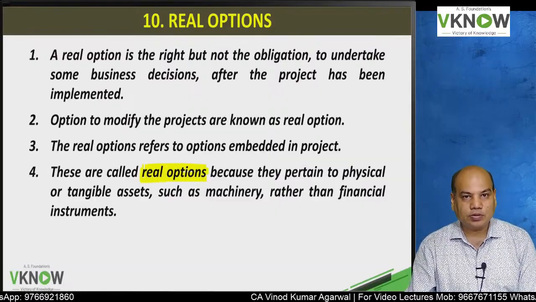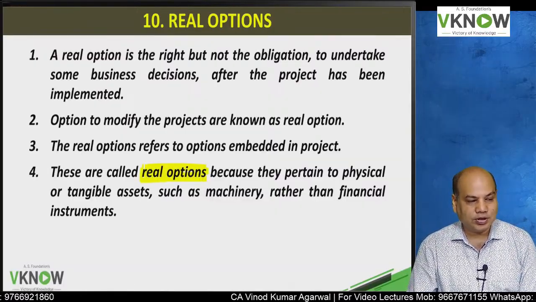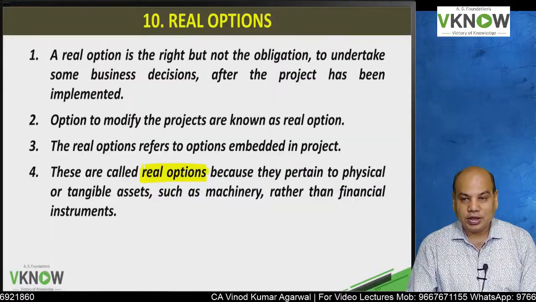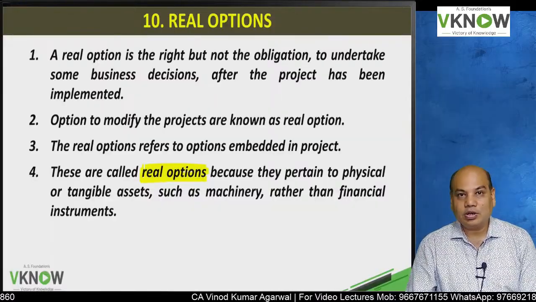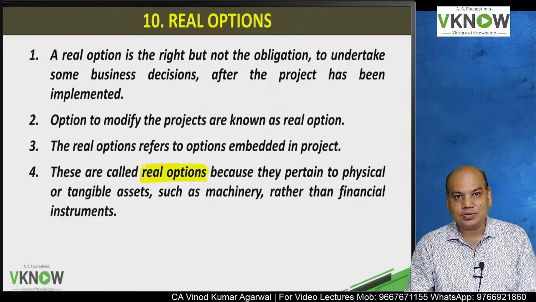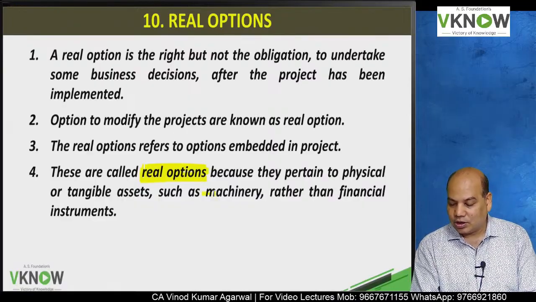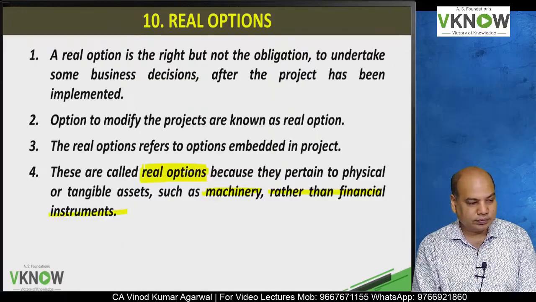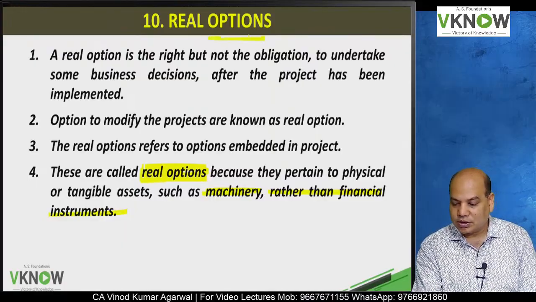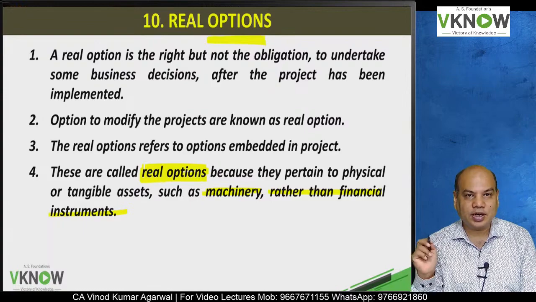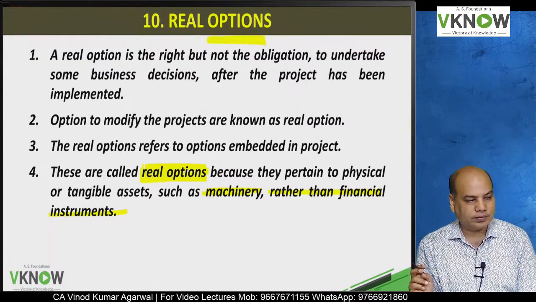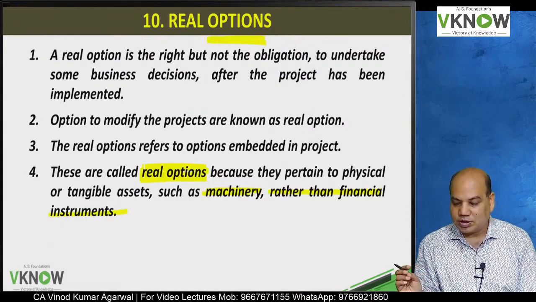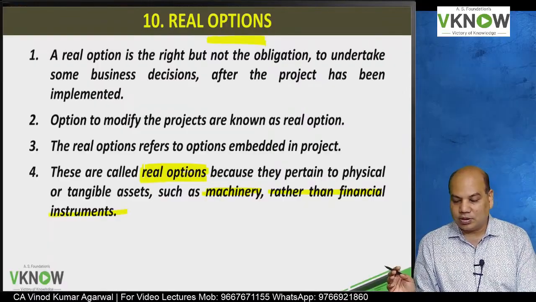Financial options are on financial products like equity, bond, index, but real options are on physical assets or tangible assets like machine rather than financial instrument. As the name suggests, an option is a right but not the obligation to undertake some business decisions after the project have been implemented.